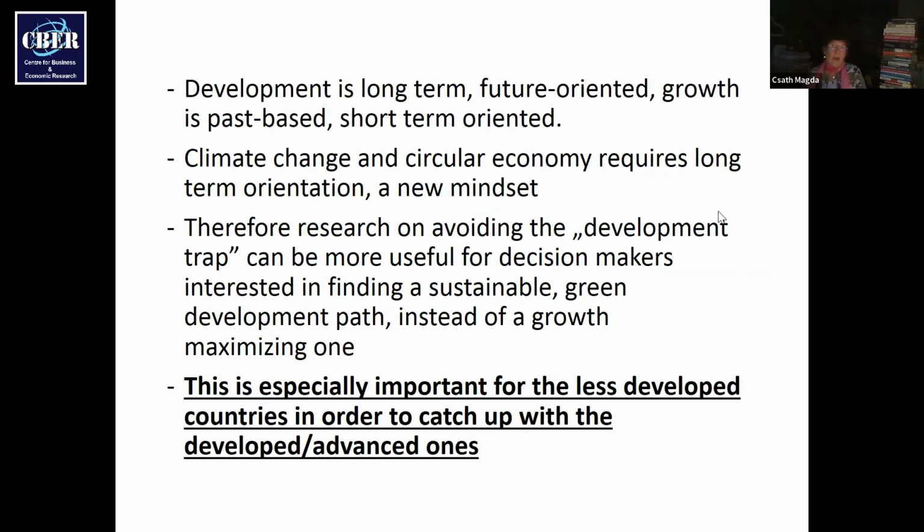Development has to be long-term, future-oriented, while growth is basically past-based and short-term oriented. You also have to consider climate change and circular economy issues, which all require long-term development orientation. In other words, a new mindset.